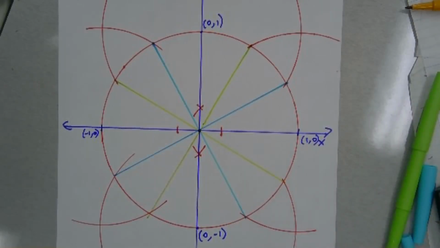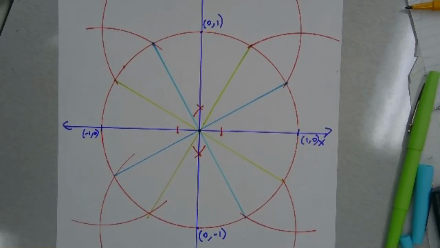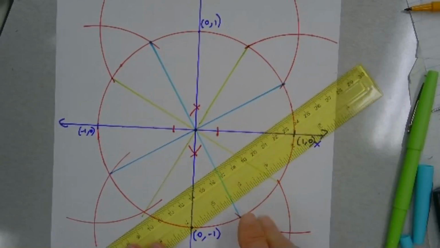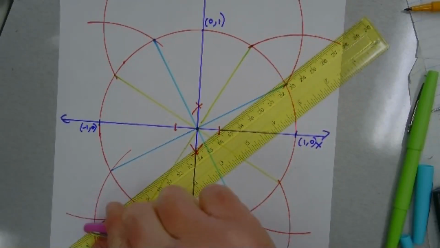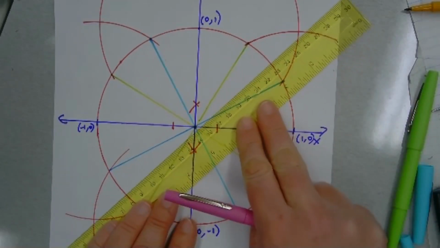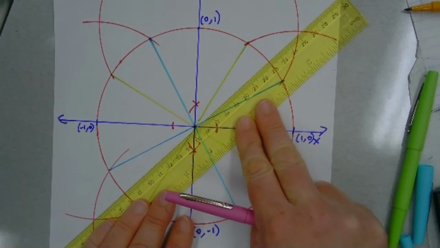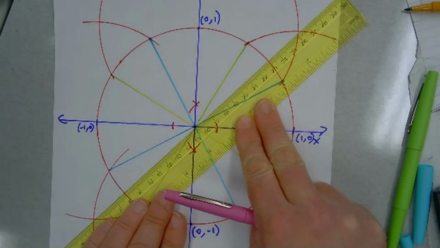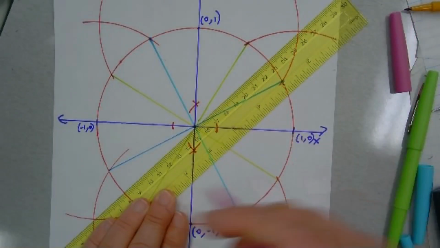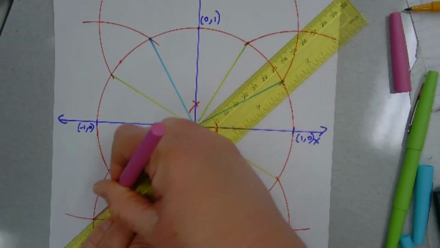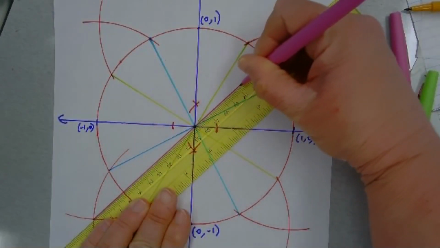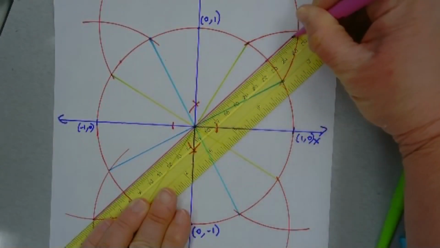And now let's put in our 45s. Those are going to be at a somewhat different location. They're going to be where these intersect each other. So here and here, which goes through the center, because that constructed an angle bisector, gives me my 45.